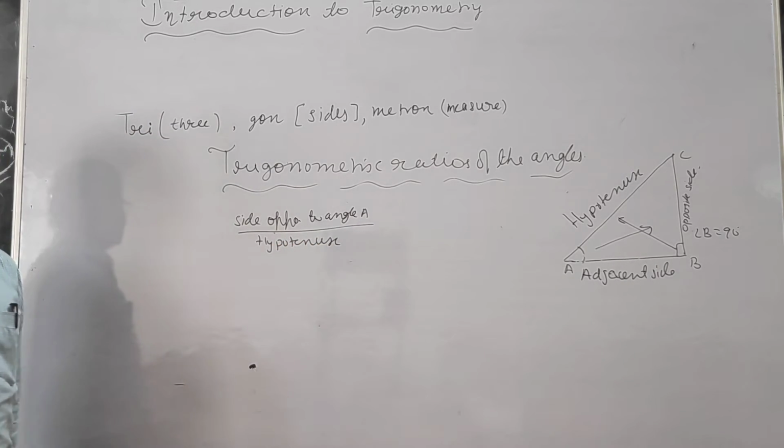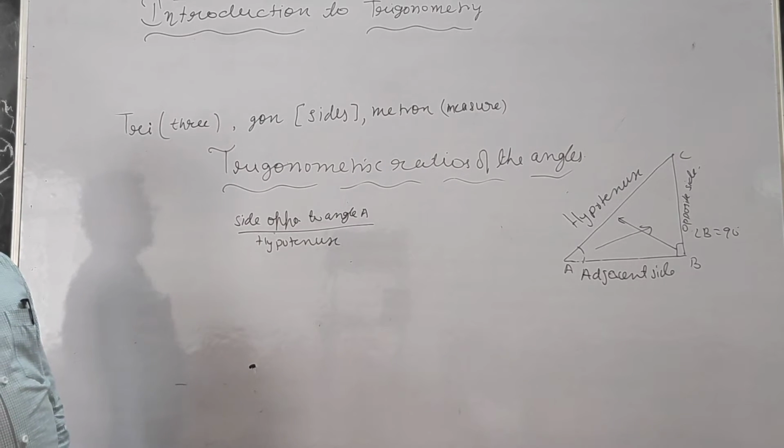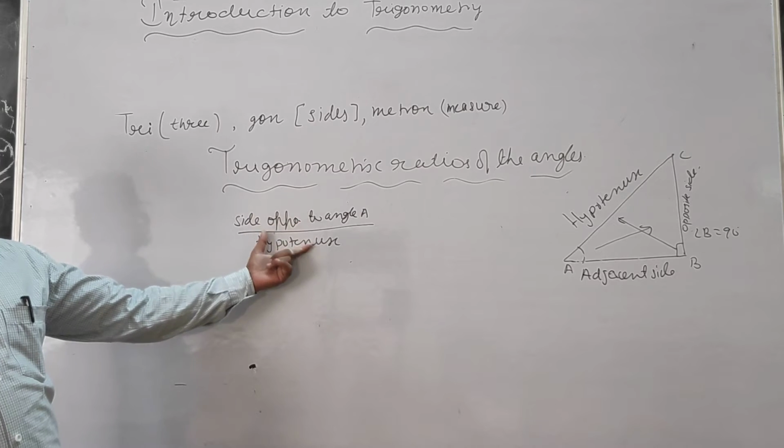This is the ratio of the side opposite to angle A to the hypotenuse, and we give it a special name.